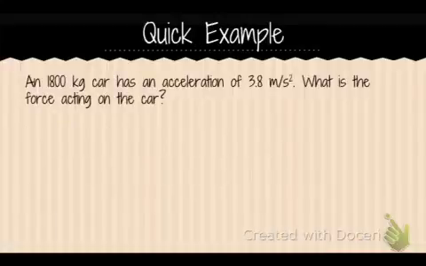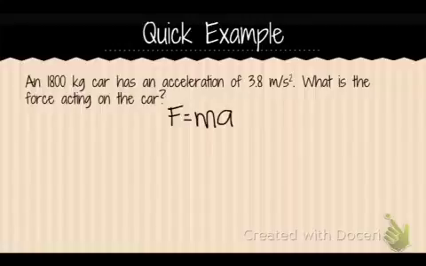Looking at a quick example, an 1800 kilogram car has an acceleration of 3.8 meters per second squared. What is the force acting on the car? We're going to use our equation F equals ma. We're looking for our force, so that's what we're solving for.